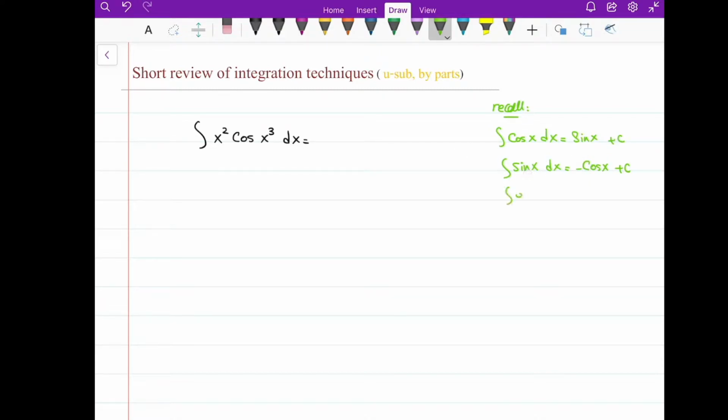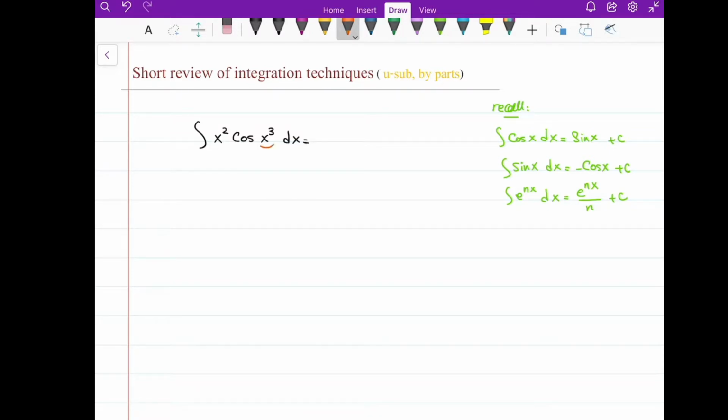And then the integral of e to some number n times x dx is also very useful. It would be e to the n x over n plus the constant c. So the integral of x squared cosine x cubed is not any of them, so that's why I need to use some techniques to solve it.